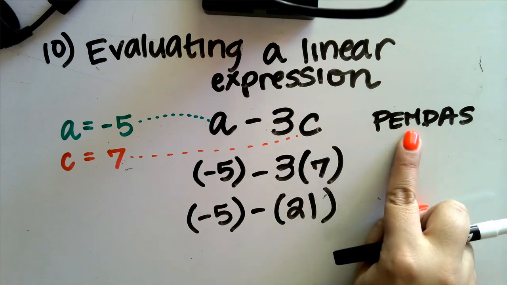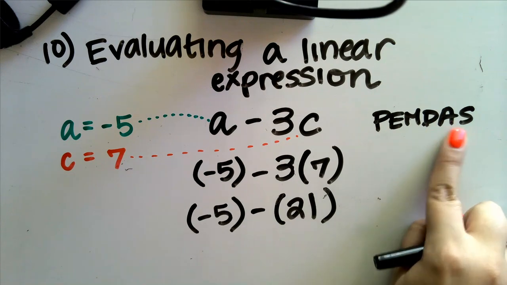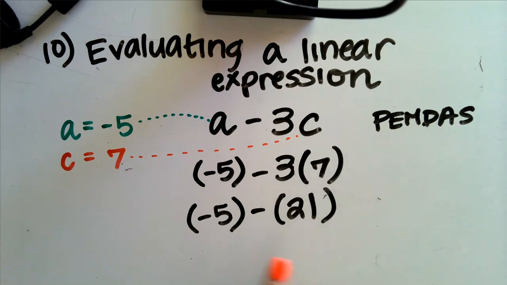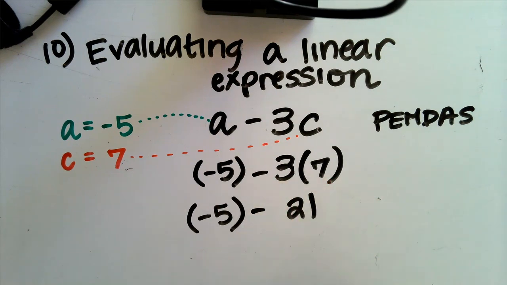So I did my multiplication. I don't see any division in there, but I do see some addition and subtraction. Reminder that anytime we are just subtracting a number, we don't have to always include the parentheses there. We're allowed to not include them. -5 minus 21, so we're starting to the left of 0 at -5 and getting further away from 0. -5 minus 21 is -26.